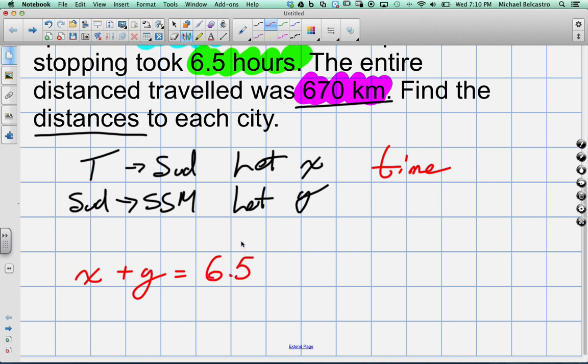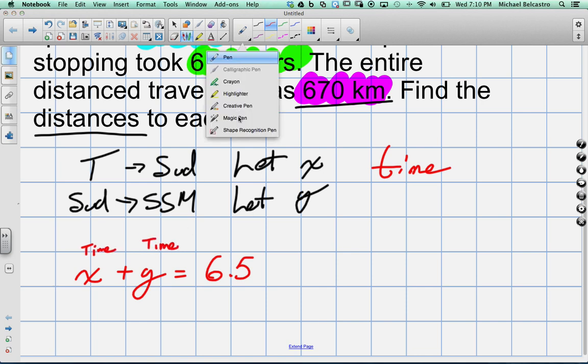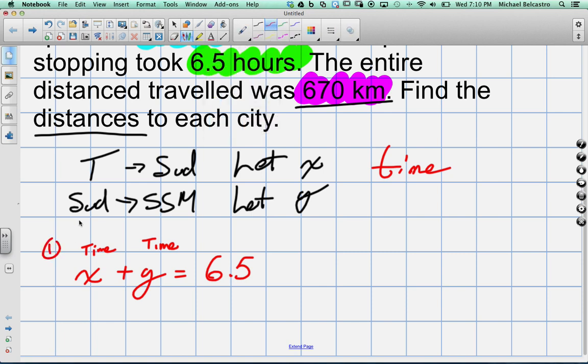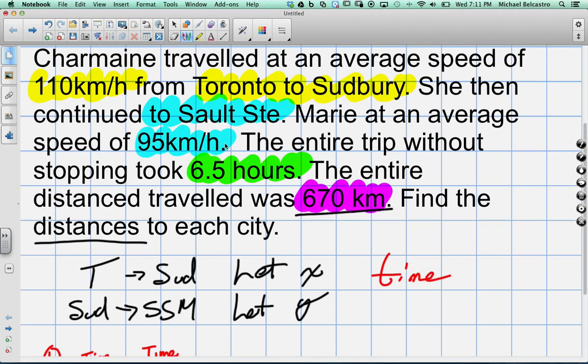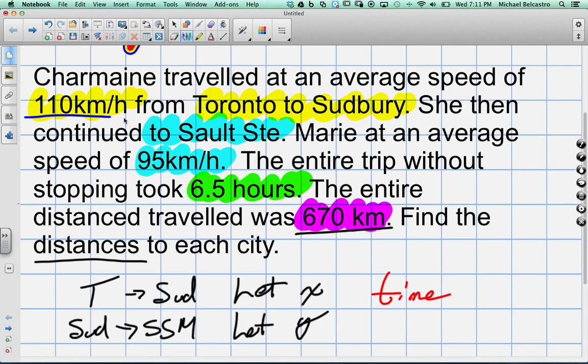Because these are time, they lend themselves very well to our second equation. Let's call this equation 1. Our second equation: we know that we're traveling 110 kilometers an hour. So we're going this speed assuming we're going an hour, but we don't know how long we're traveling for. Same with 95 kilometers an hour.